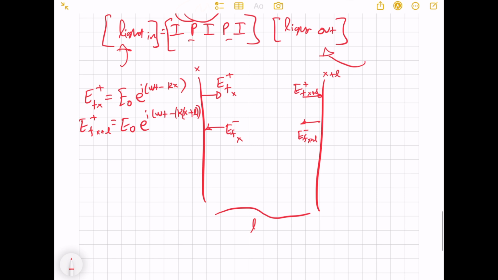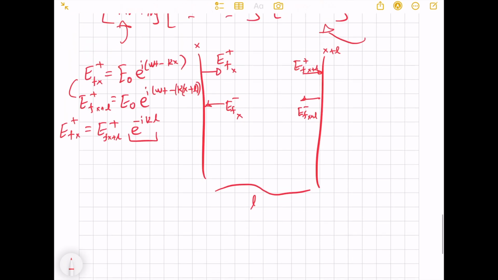So if you work it out, you see that these two are actually the same, except for the coefficient of e to the minus i k l. So E f x plus is equal to E f x plus L plus multiplied by this.